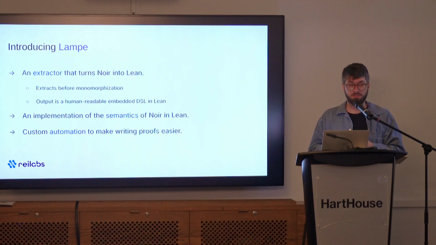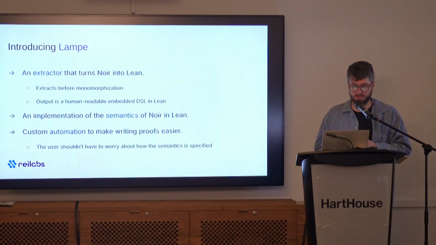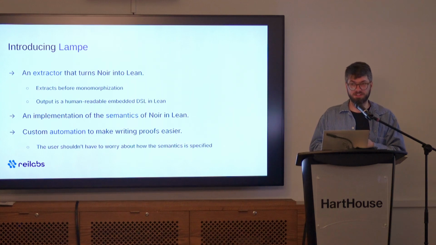We've introduced a number of tactics that make the proofs a little bit easier, and they should mirror the code structure that you have in Noir, rather than having to dip into complicated things that only computer science PhDs care about. So we shouldn't have to worry about how the semantics is specified. In the end, the proofs should really just mirror how the Noir code is written.